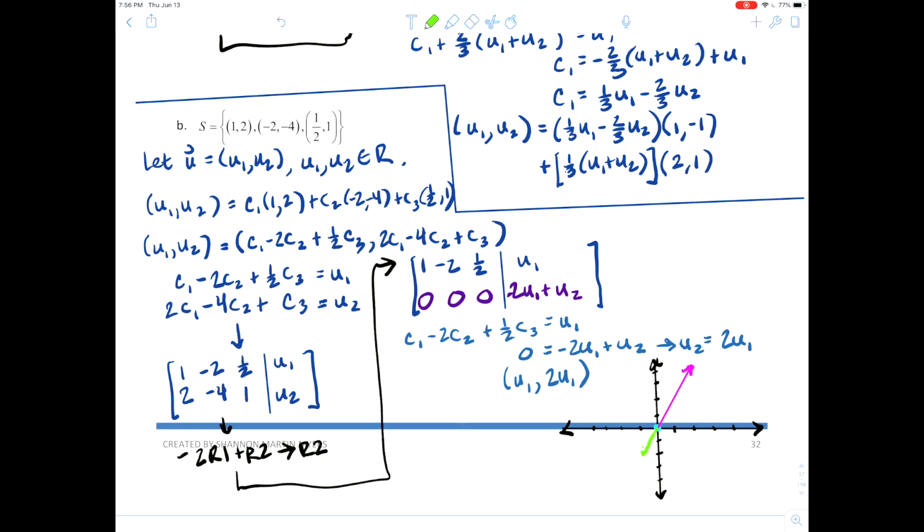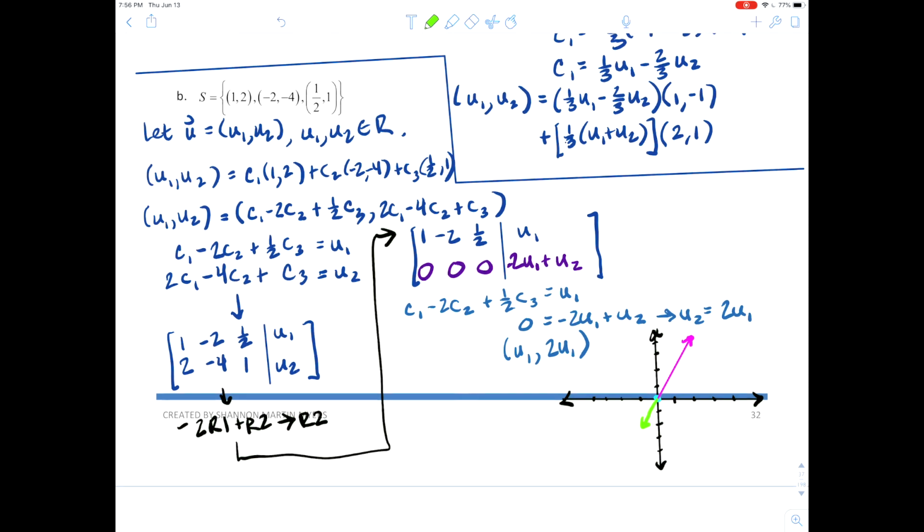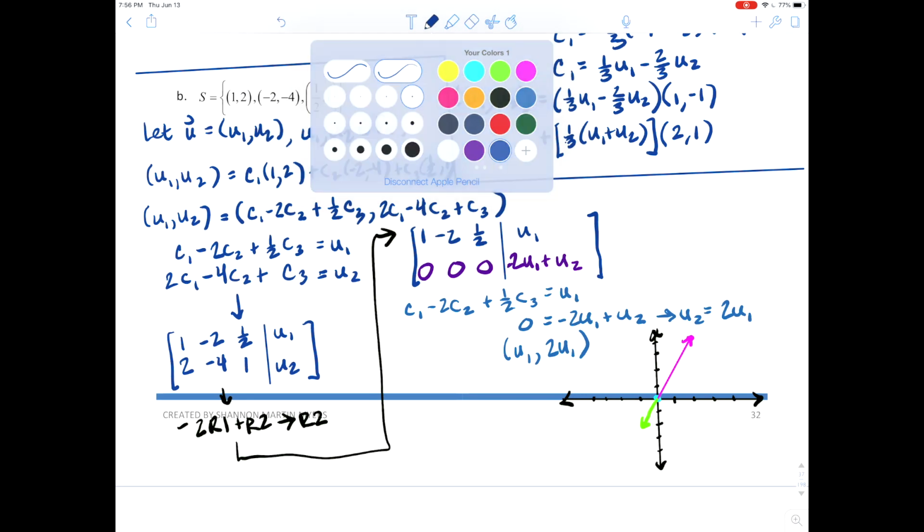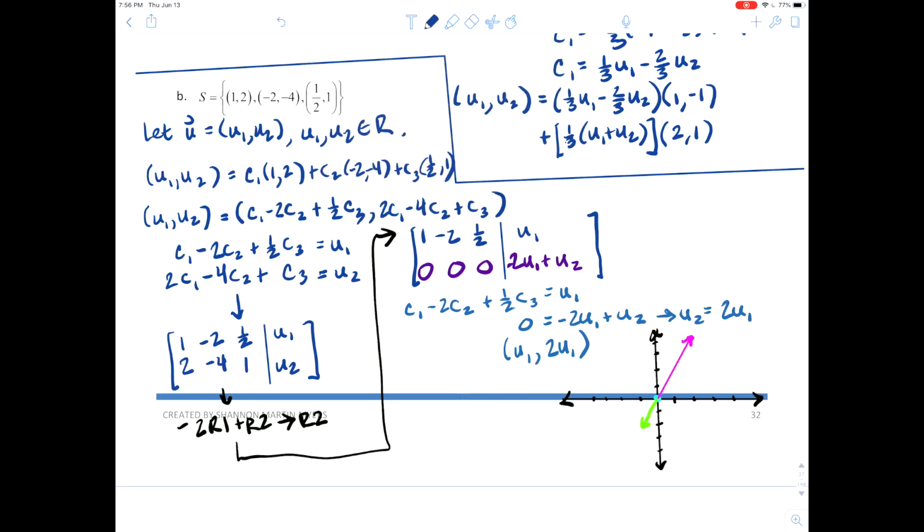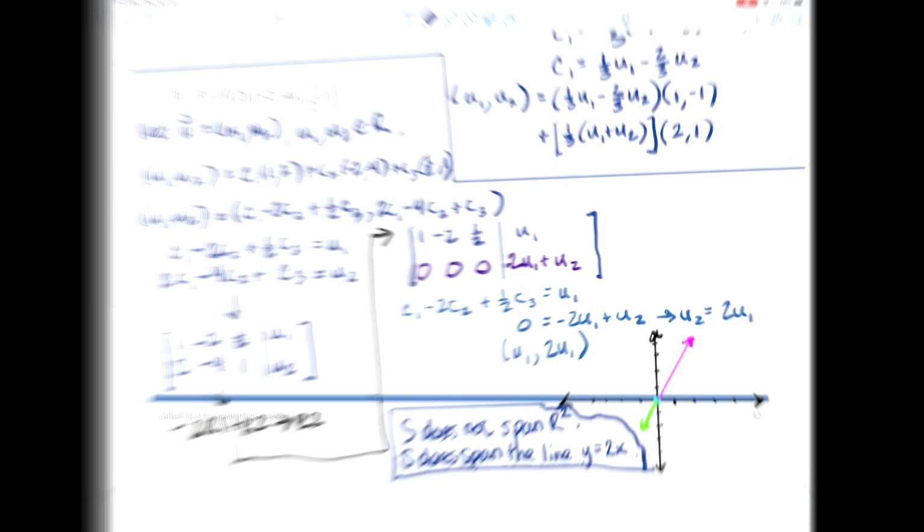Do you see these are on the same line, right? So this is not a spanning set of R2. S does not span R2. S does span the line in R2, right? Y is equal to 2x. Cool, cool?